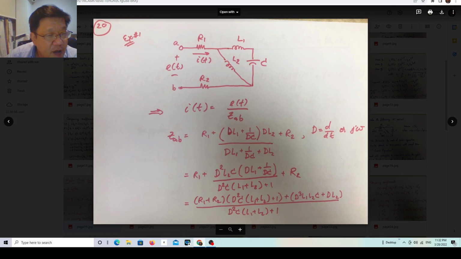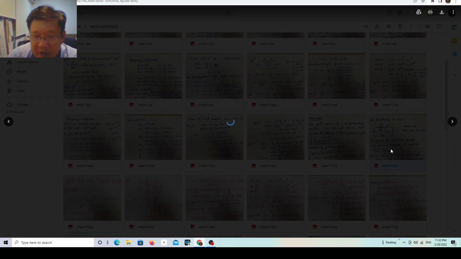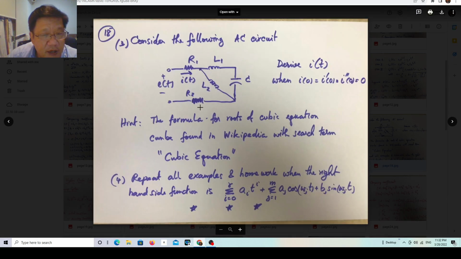I think it's very familiar because it's contained in one of the problems on page 18. This is the problem that we talked about as part of homework, but we're gonna illustrate how to solve this type of problem for you.